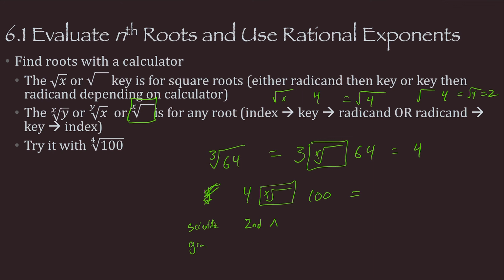For the graphing, it's in the math menu. So you have to hit the math menu button and you go down a little bit and then you'll see it. Anyway, what'd you get? Should have gotten 3.16.